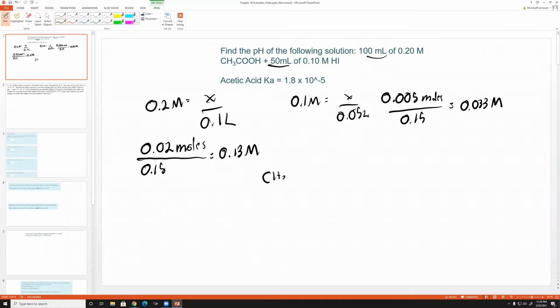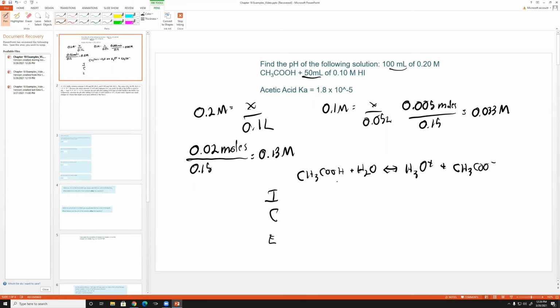So let's draw our ICE chart for the ionization of acetic acid in water: acetic acid, H3O plus, and our acetate ion. Our initial value for acetic acid is 0.13.